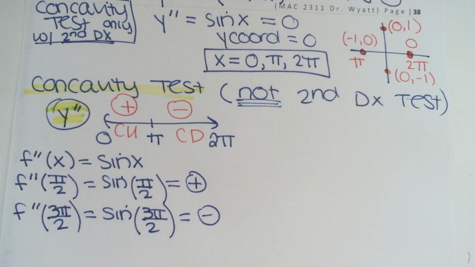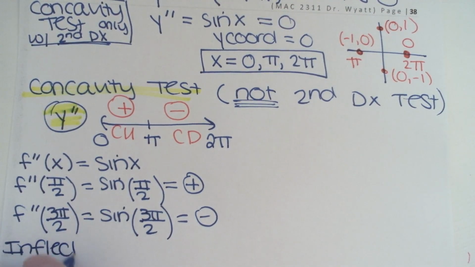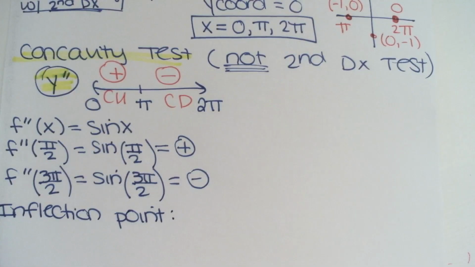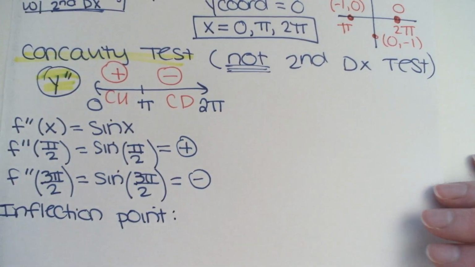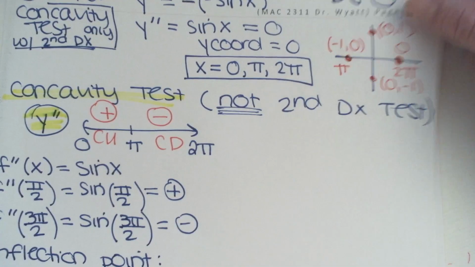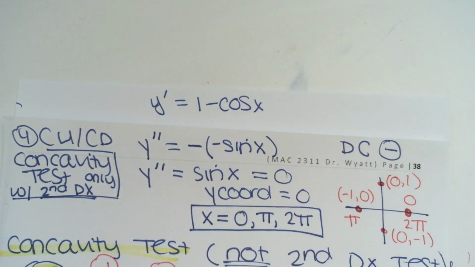Right. Now, the last little piece of this puzzle is, do you have an inflection point? Okay, so the last part is, yes, it's concave up on this interval, concave down on that interval, but then is there an inflection point? And to answer that, remember the first thing we have to do is say, does the first derivative exist at pi?